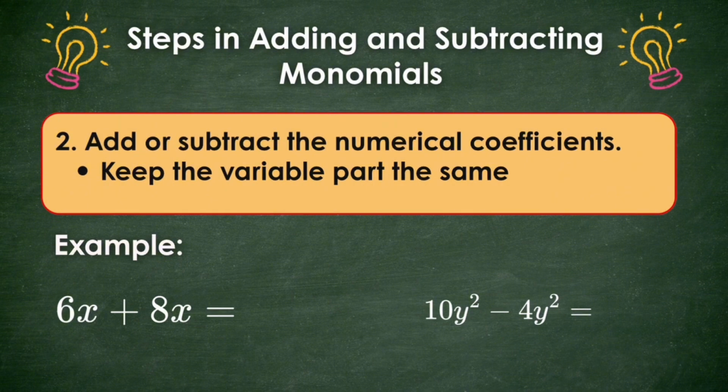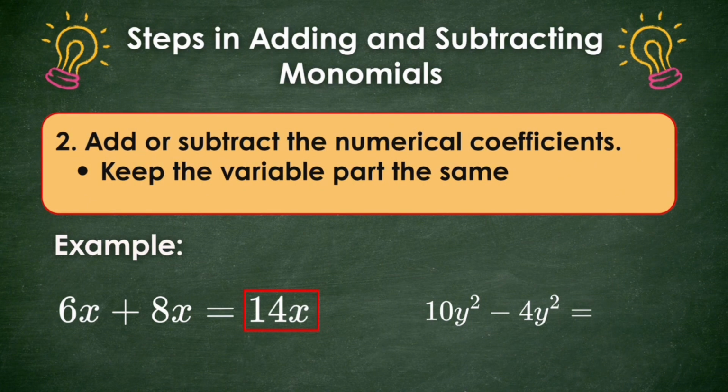Are they like terms? Yes, same variable x, same exponent. Then add the coefficients, which is 6 plus 8 equals 14. Keep the variable the same. So 6x plus 8x is equal to 14x.